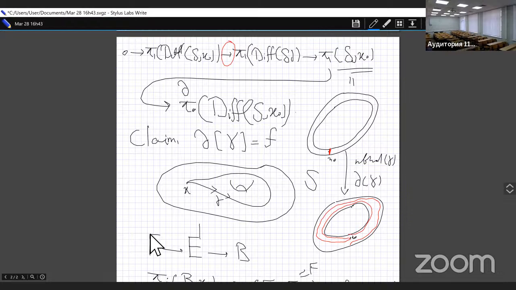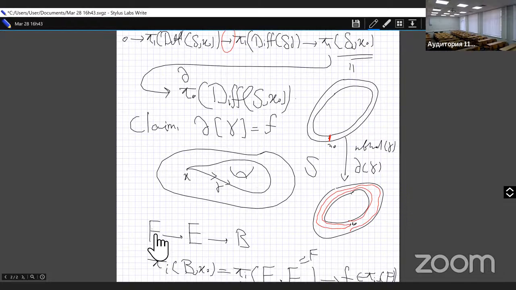So yeah, this is what the map does. It's even bigger for it. So we had a shortcut.